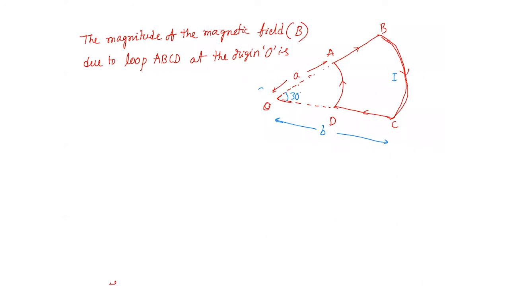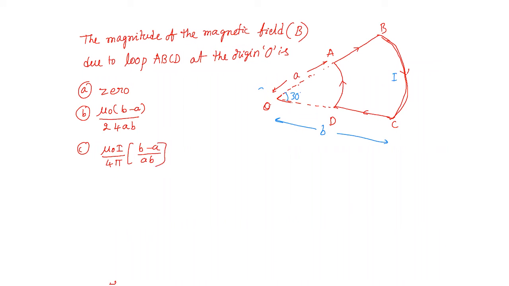Okay, so do this, children. Options are: these are two curved. Option A, 0. Option B, mu naught I divided by 24 AB into B minus A. Option C, mu naught I divided by 4 pi into B minus A divided by AB.